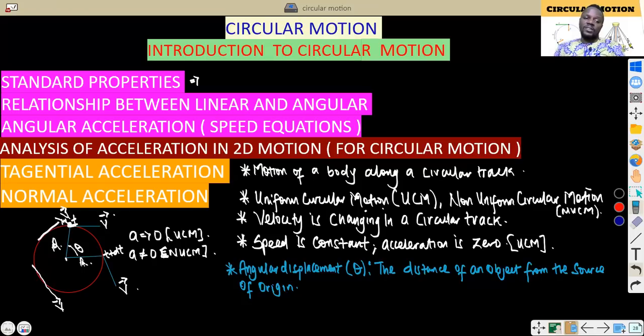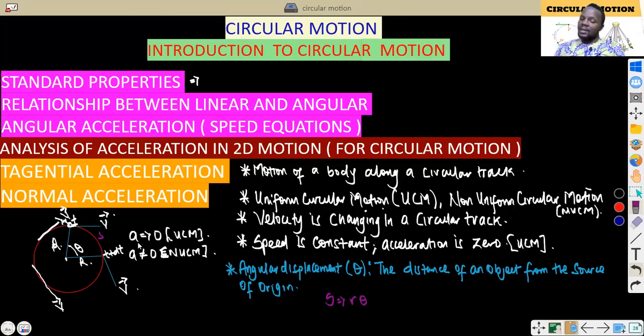And if you go by our mathematics without wasting time, my dear student, we can conclude that if the distance covered from this particular point to this point is s, the angle it has covered at that point is the angular displacement, theta. So s is equal to the product of the radius, which is uniform, small r, multiplied by theta.